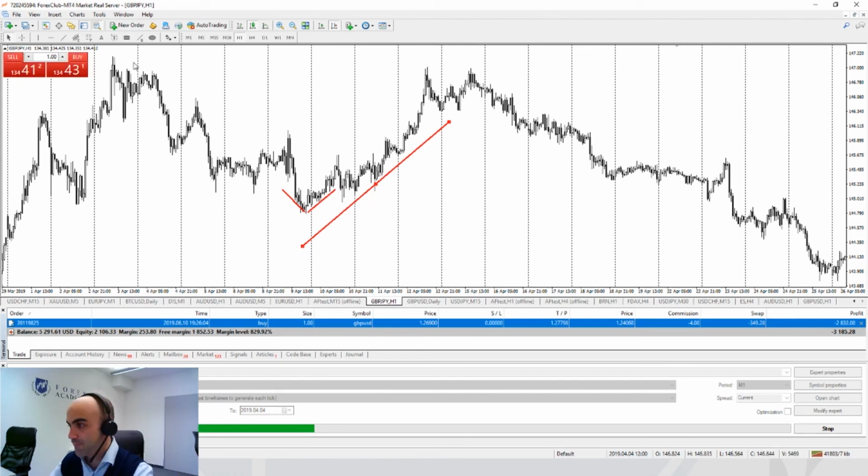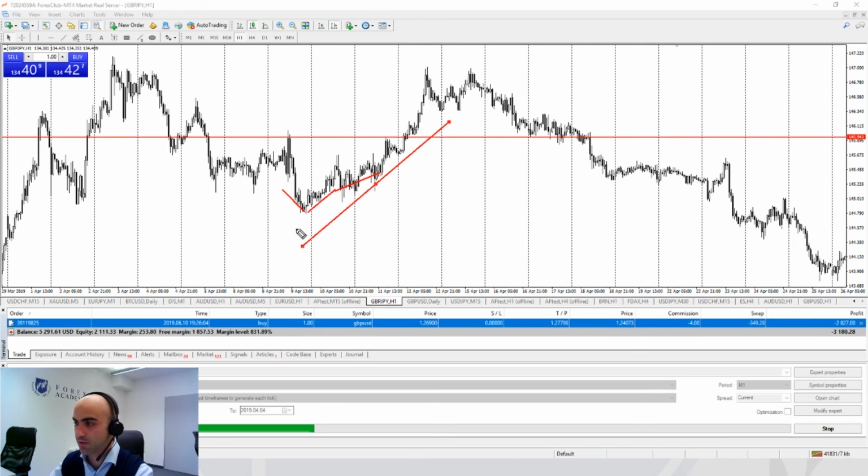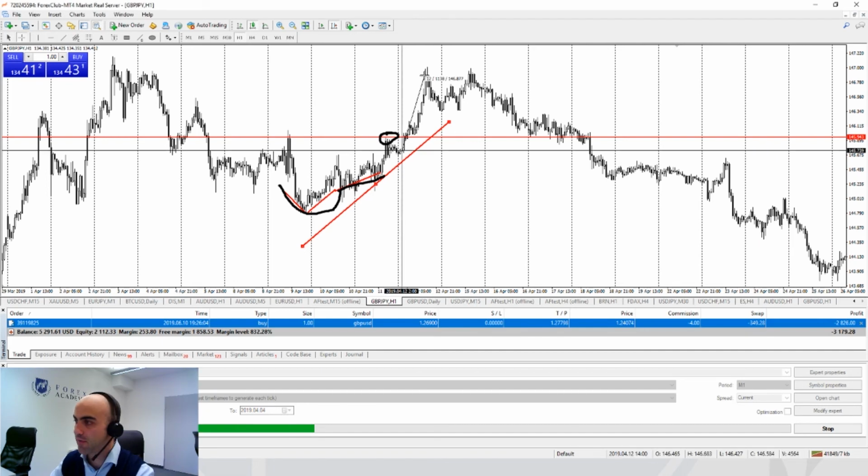This one instead is the V point over here, the handle. Here is the resistance level that, once it is broken out, so we can see U here, handle here, till the resistance level over here, enter over the breakout point, and in this case you would have gained 1,185 US dollars for 1 day trading.